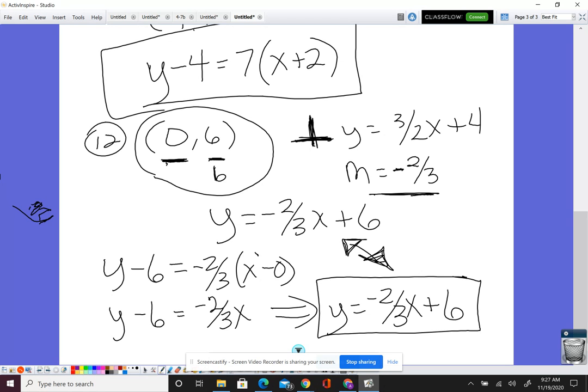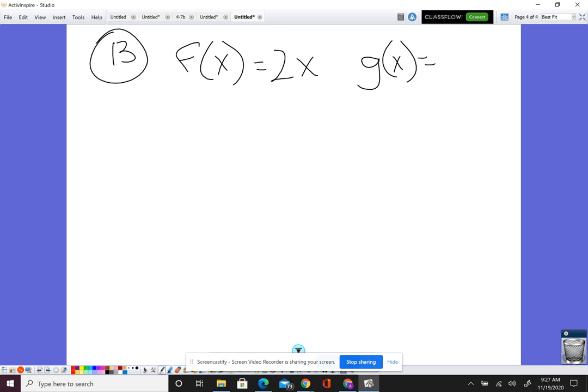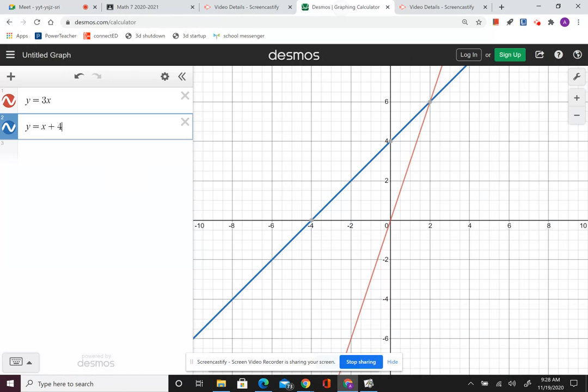And then the last one, number 13. I'm going to go to my graphing calculator and look at these two equations. Actually, I'm just going to go to Desmos because it's easier to get there.